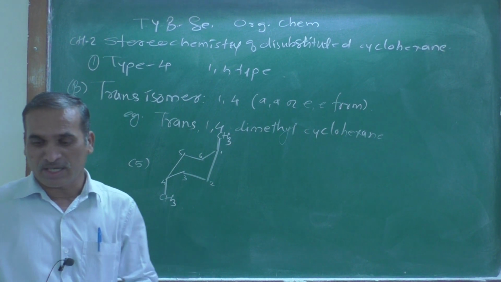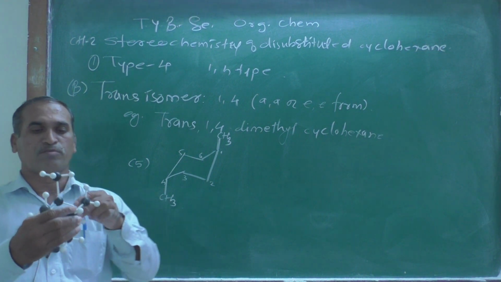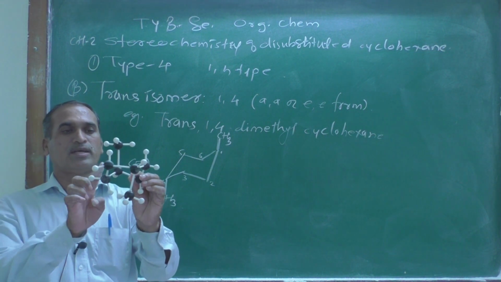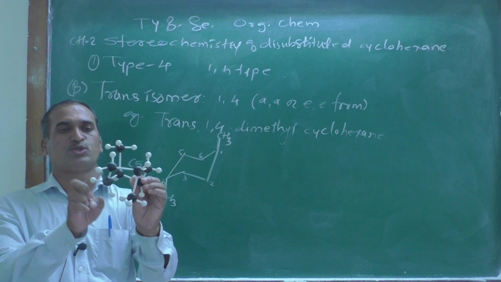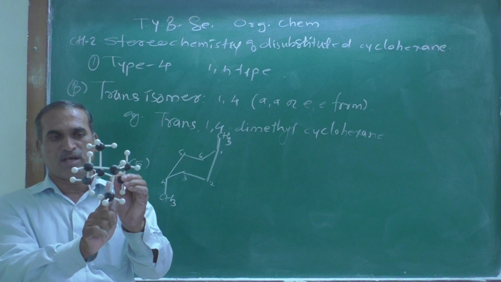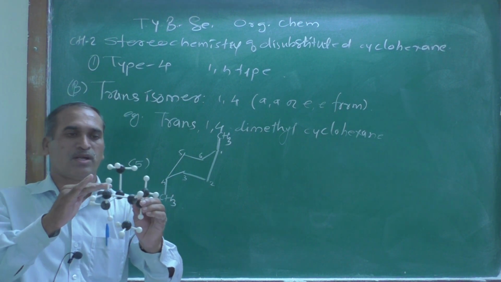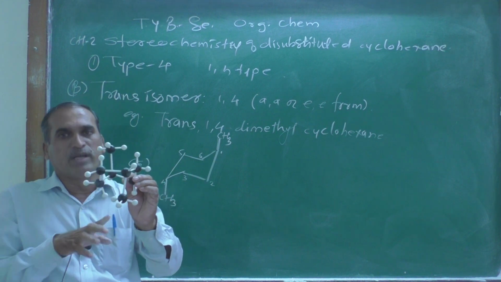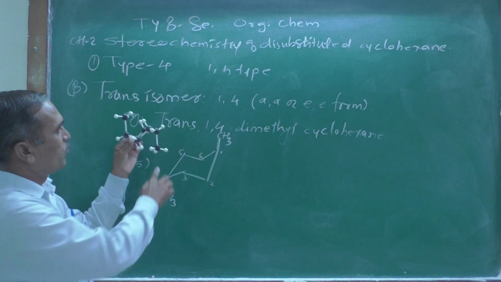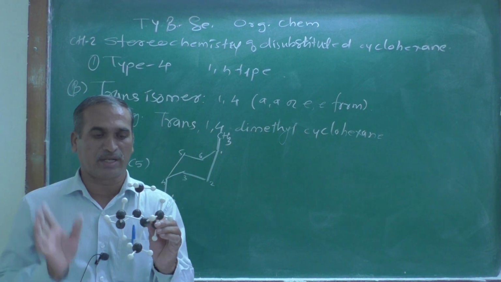In the model, at carbons 1 and 4, both methyl groups are at axial positions, one above the plane and one below, so it has trans geometry, right?